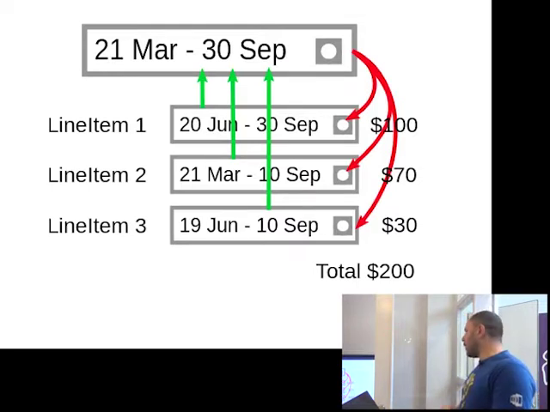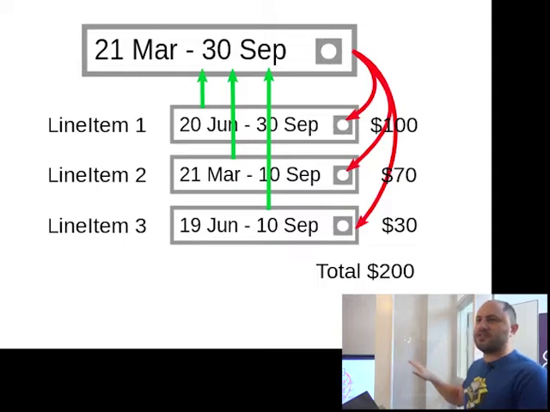Likewise, if any of the line item date pickers changes, it will have to communicate to the main date picker that the main date picker might need to update. So the flow is very, very easy.